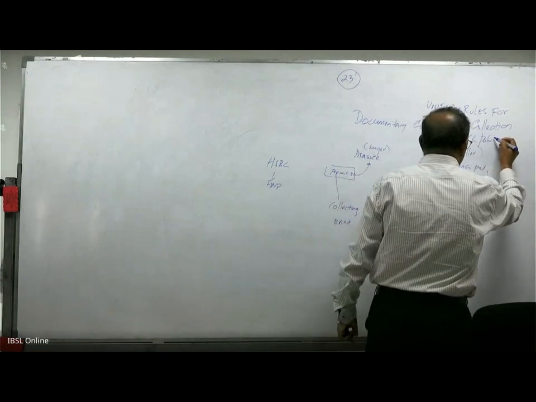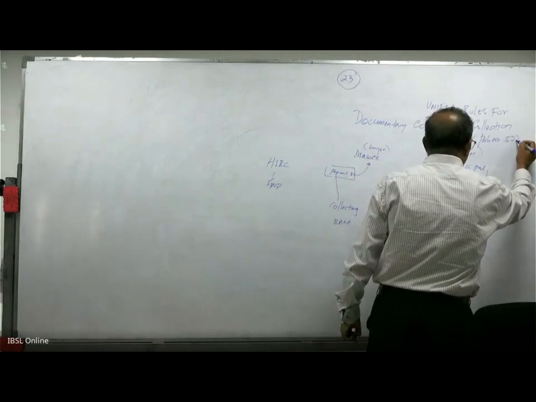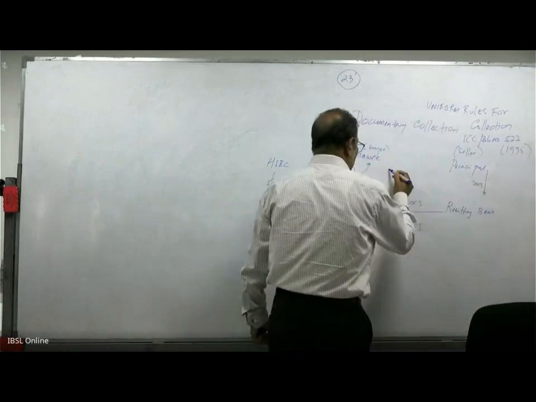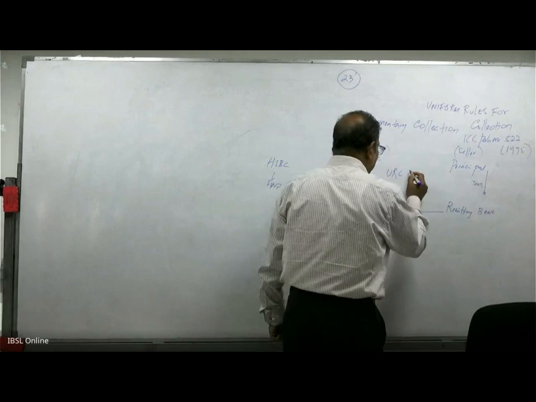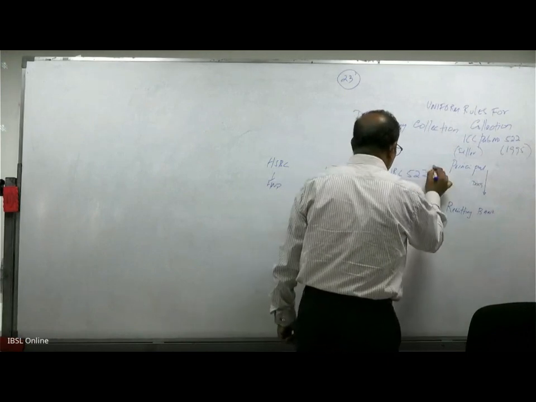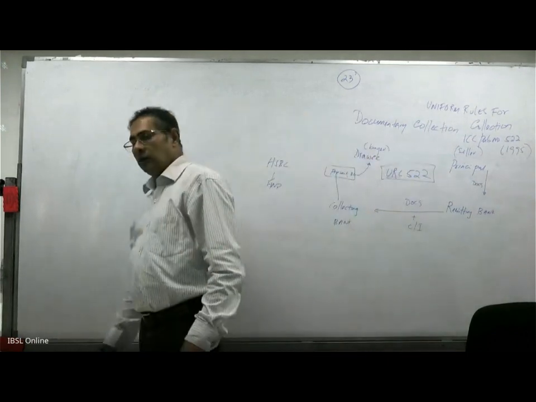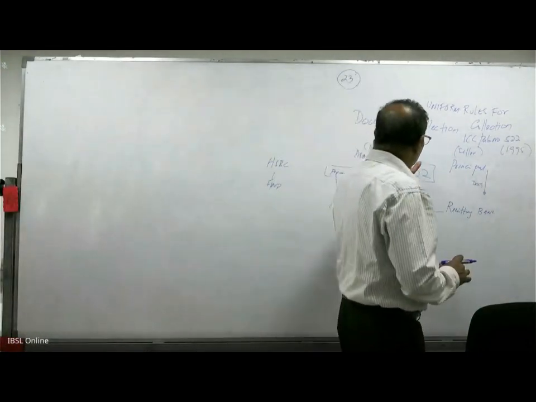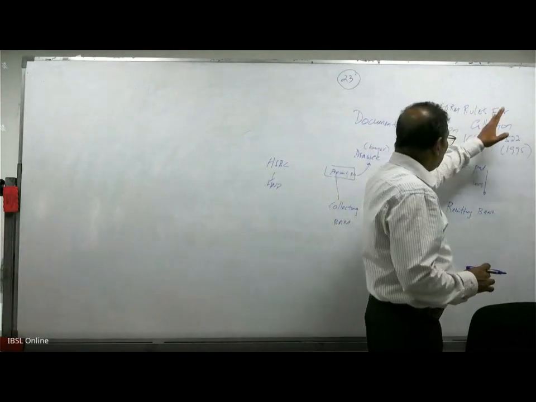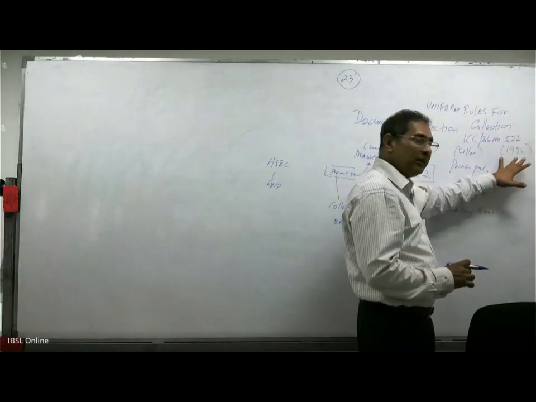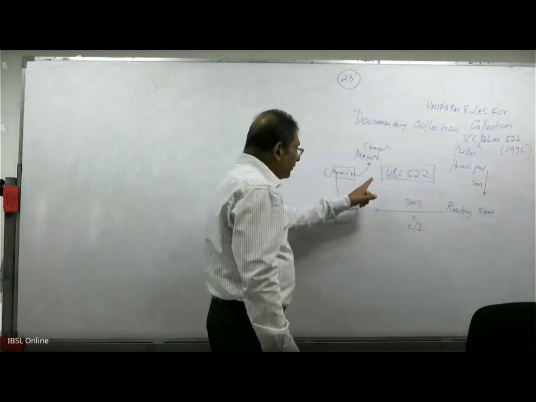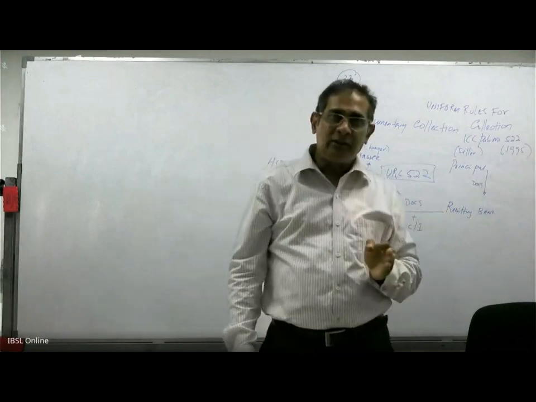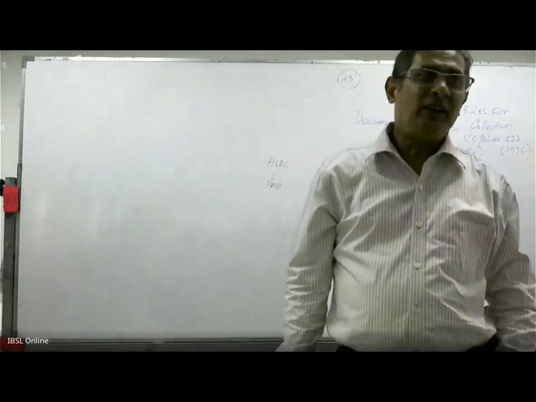ICC Publication number 522, 1995 edition. This is very commonly abbreviated as URC 522. Even in a short paper question, if they ask for the current version, you are expected to write Uniform Rules for Collection, ICC Publication number 522, revision 1995. Otherwise, you can say URC 522. It has 26 articles, and you ought to go through all 26 articles.